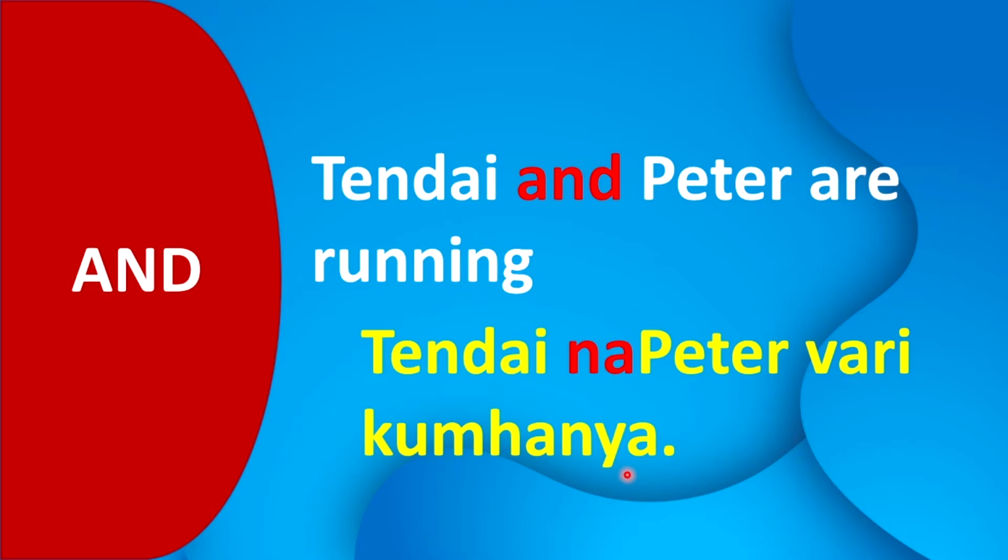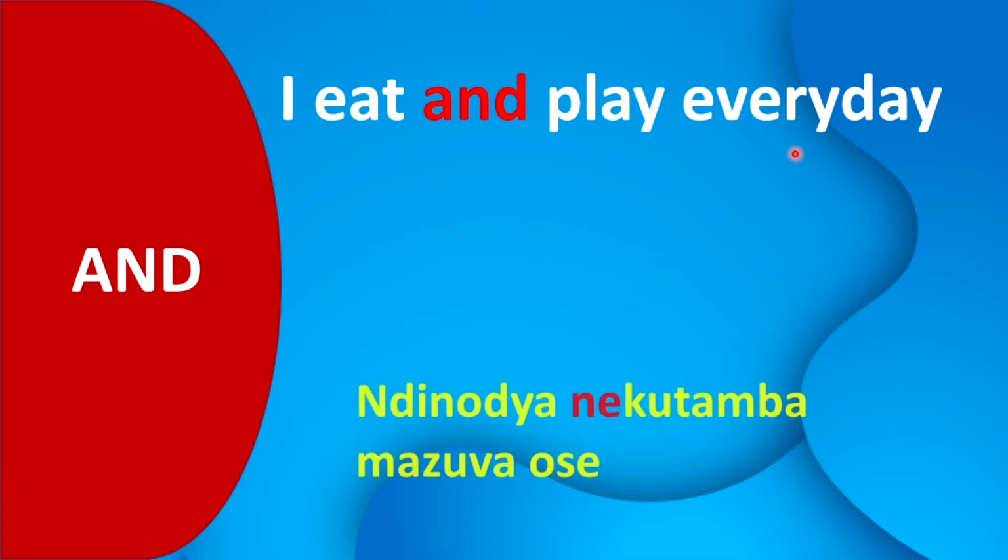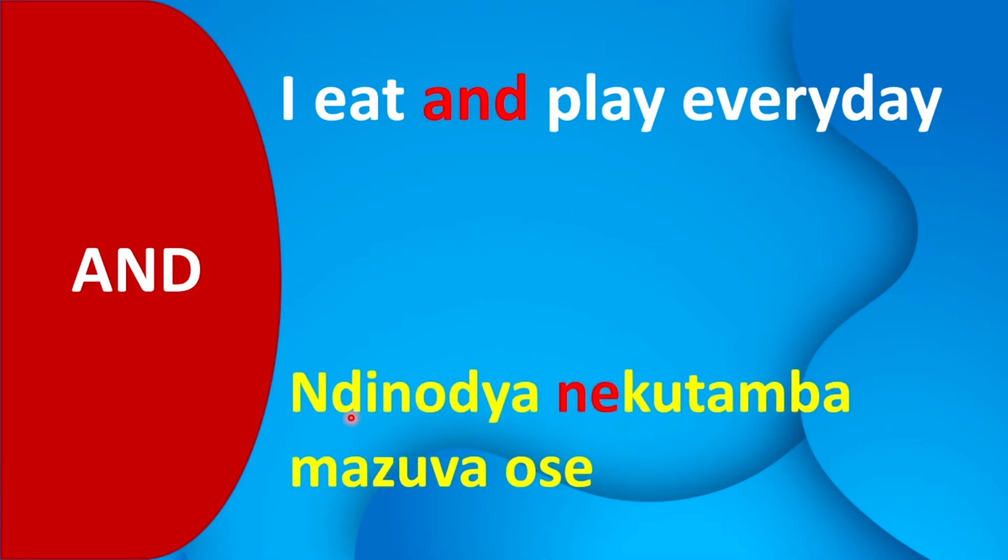Okay, let me show you another example where we'll be using ne. I eat and play every day. When we translate this, it becomes ndinodya nekutamba mazuva ose. So in this case, and has been translated to the prefix ne. Why? Because we are now referring to things that are not humans.